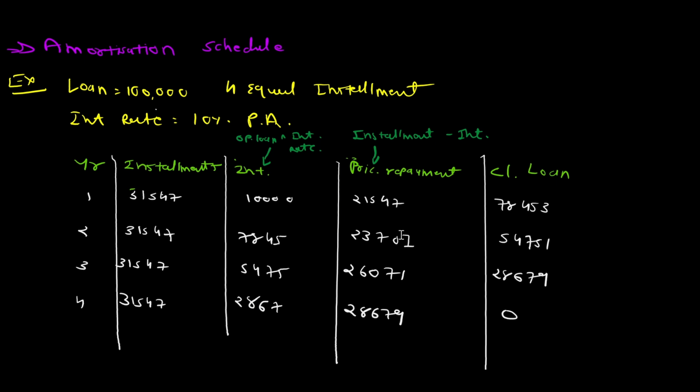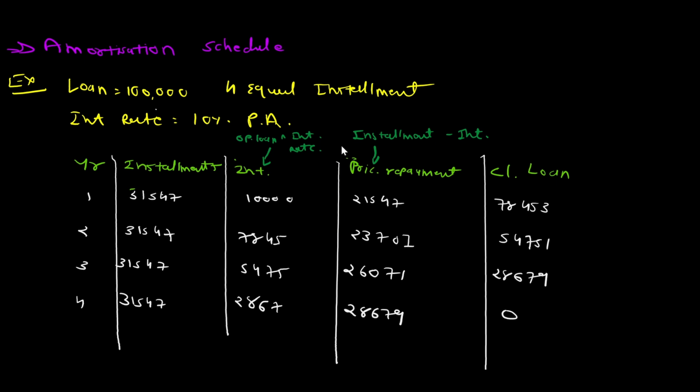and here is the amortization table you would get from the bank or issuing authority from where you take your loan. So interest would be 10,000 on the first year opening loan: 1 lakh multiplied by the interest rate of 10%.